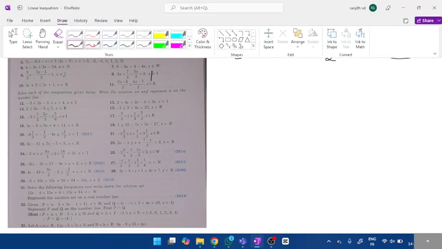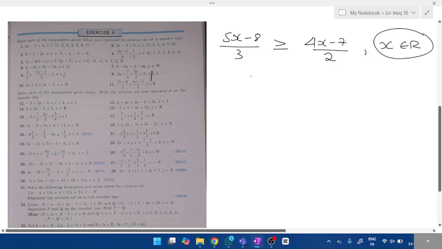Naomi, how do you solve this question? So 2 gets multiplied with 5x minus 8, okay. 3 gets multiplied with 4x minus 7. Fine. There is only one denominator, so you don't need to take the LCM. You have to cross multiply, right?